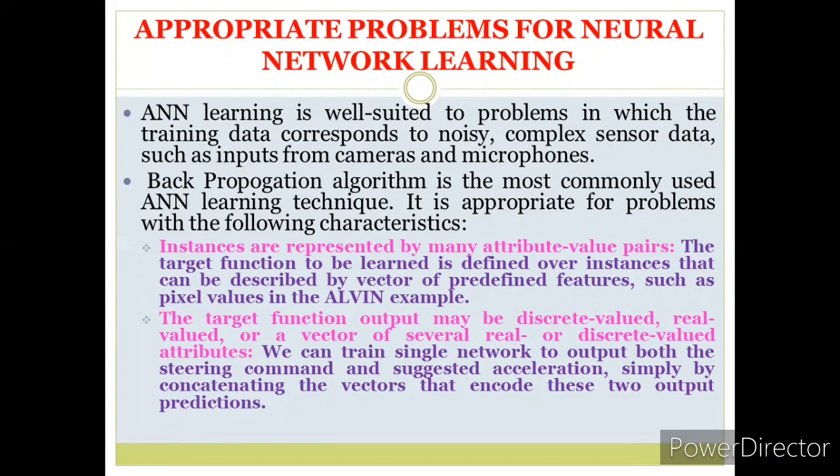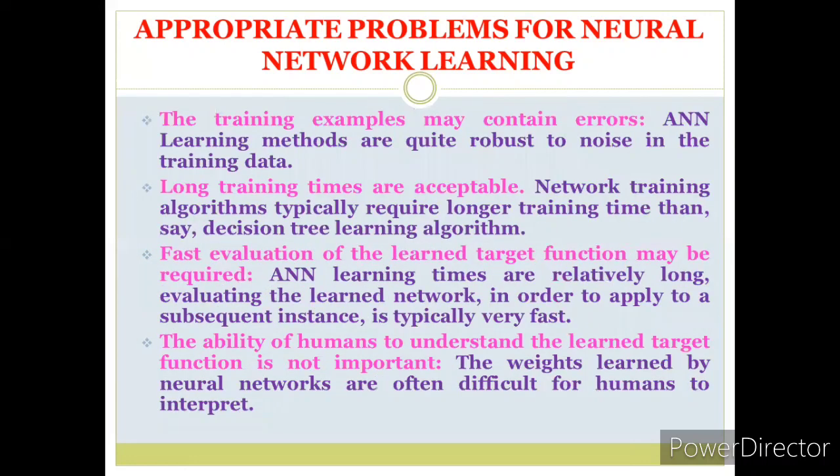In ALVINN, we can see in which direction it has to go, using the steering command direction along with the accelerator, by considering the input image captured by the camera, simply concatenating the vectors that encode these two output predictions. So by seeing the image, we can predict in which direction the vehicle has to travel.